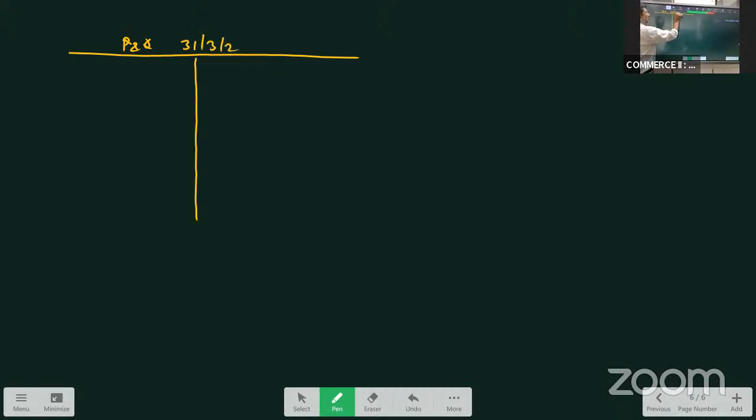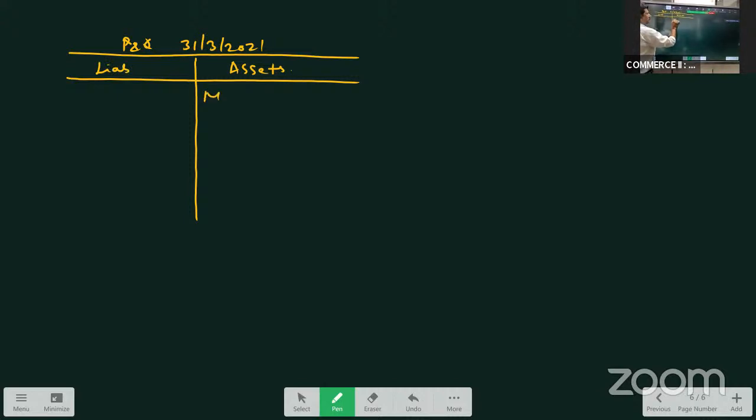So whenever a partner is admitted, I'll take one small example. Suppose there is a firm between P and Q, and they have prepared a balance sheet on 31st March 2021. And this is how their balance sheet is looking like. Let us say these are the assets, these are the liabilities.